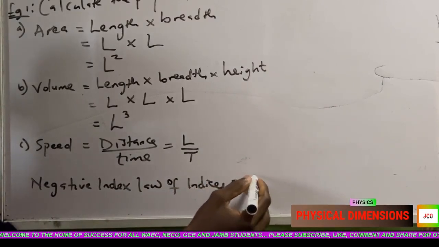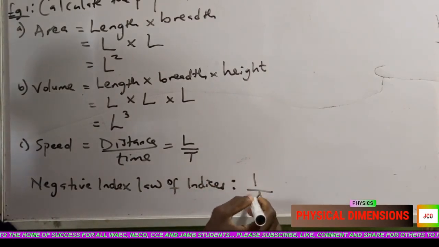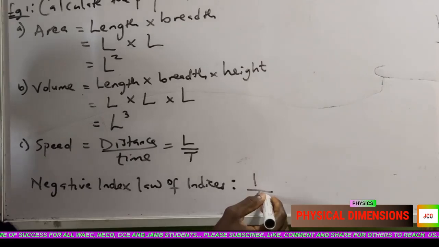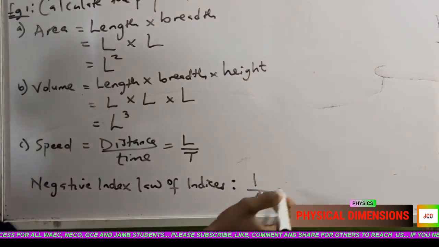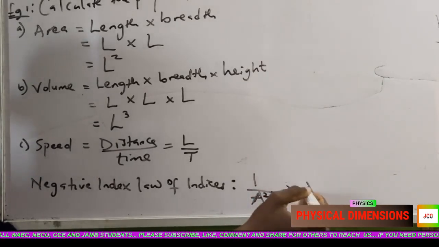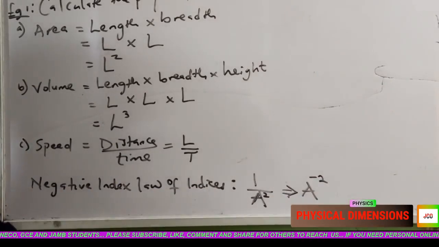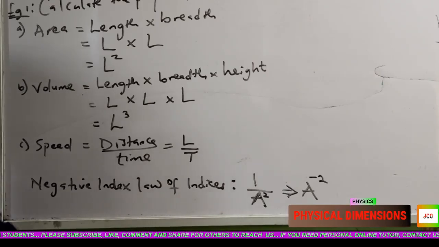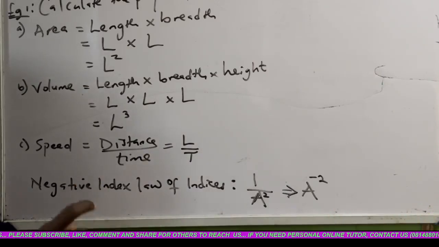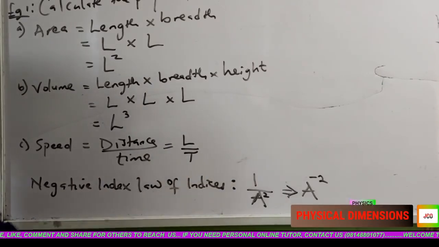It says when you have 1 over a term raised to power maybe 2, it will be equivalent to that term raised to power negative 2, such that the negative is representative of the 1 over. So negative power is 1 over the positive power.